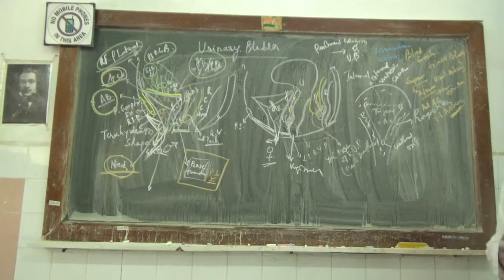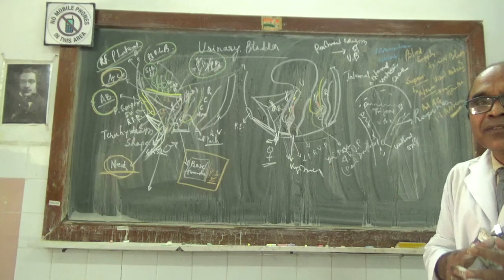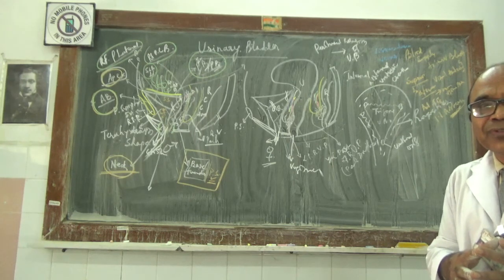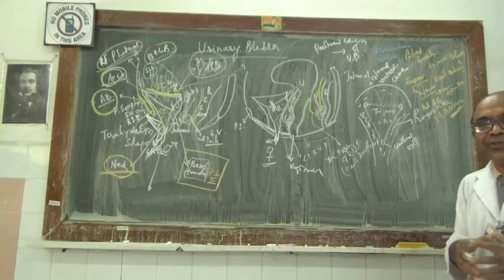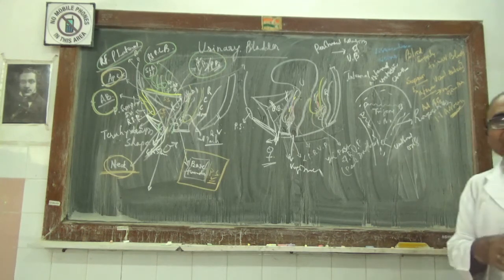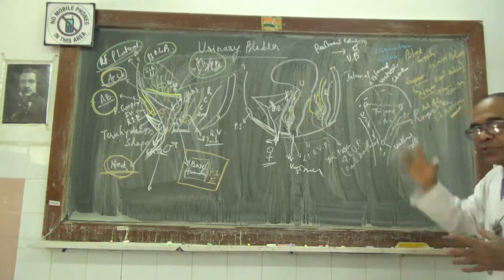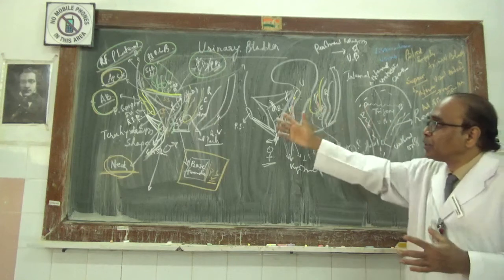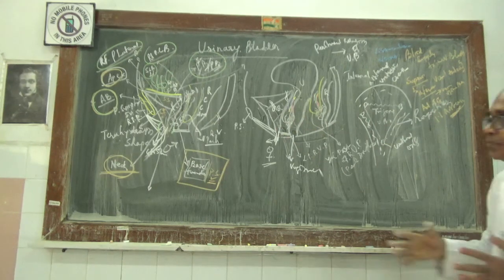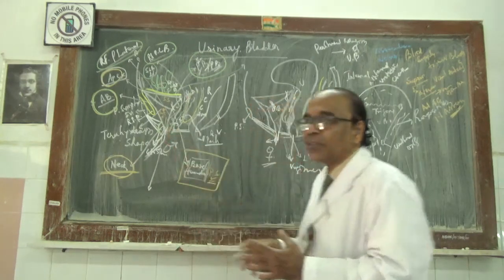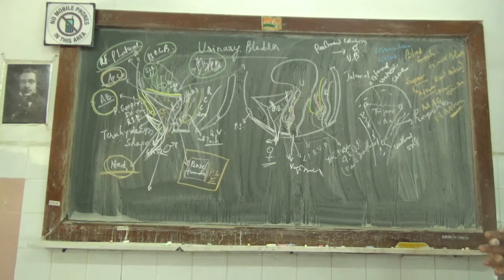Then it opens into the anterior trunk of the internal iliac group of lymph nodes, then the common iliac group of lymph nodes, then it goes into the lateral aortic nodes. So this is the lymphatic drainage. Especially at the neck, it partially goes into the prostatic lymphatic plexus.